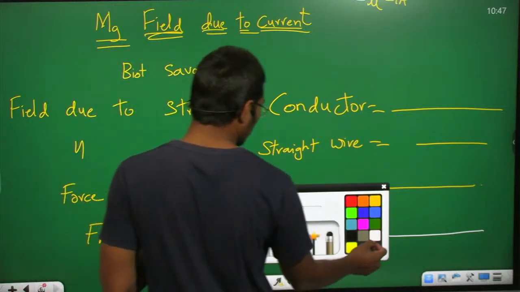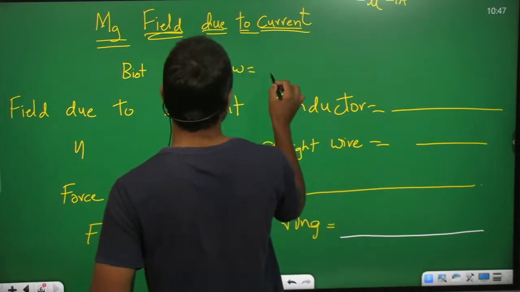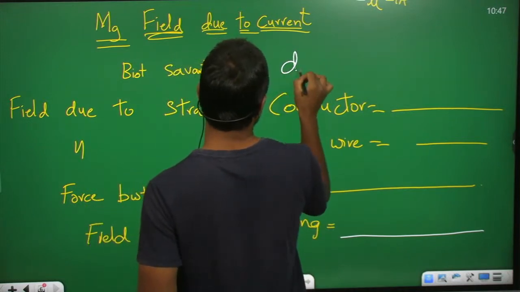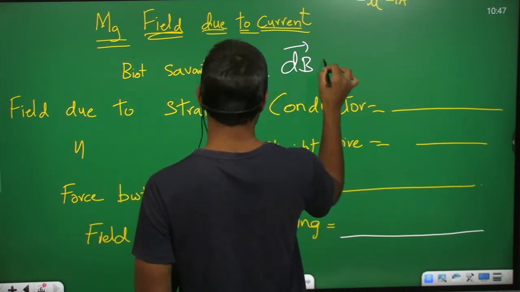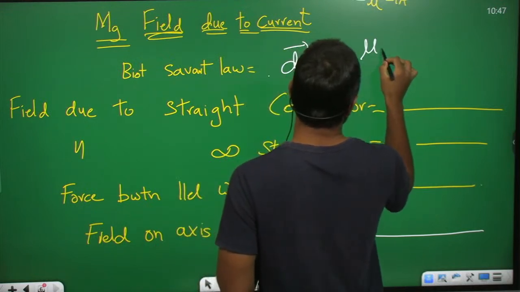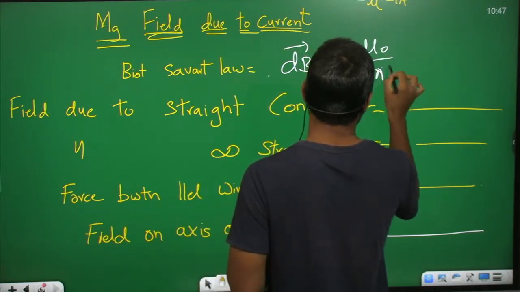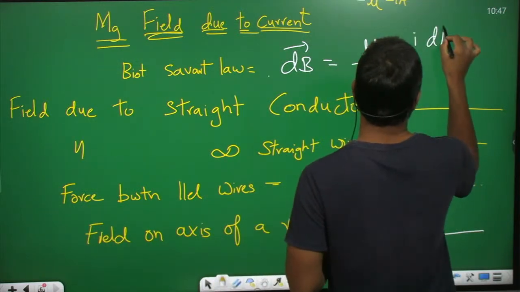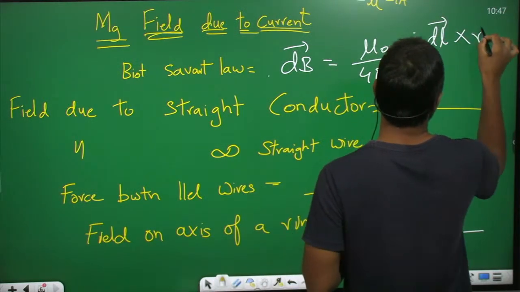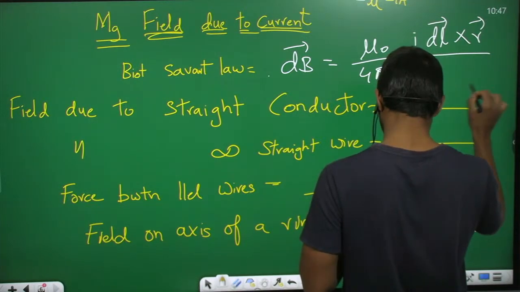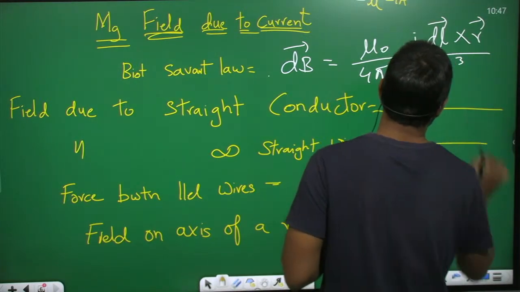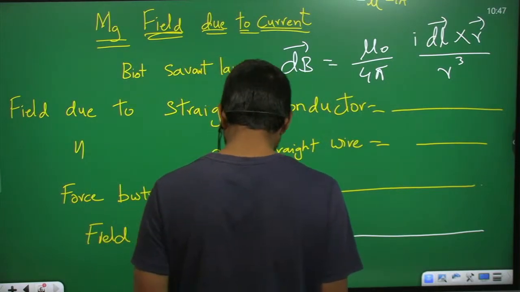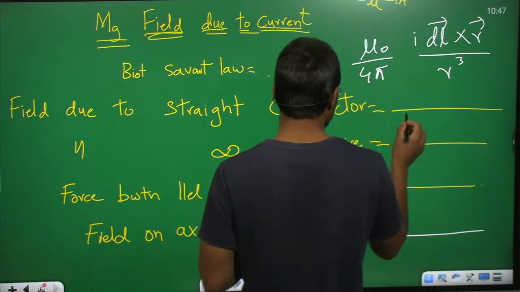What is this Biot-Savart law? dB is equal to mu naught by 4 pi, with r cube in the denominator. Okay, we are trying to write in the form of vector. Now field due to a straight conductor. So how do you write it?